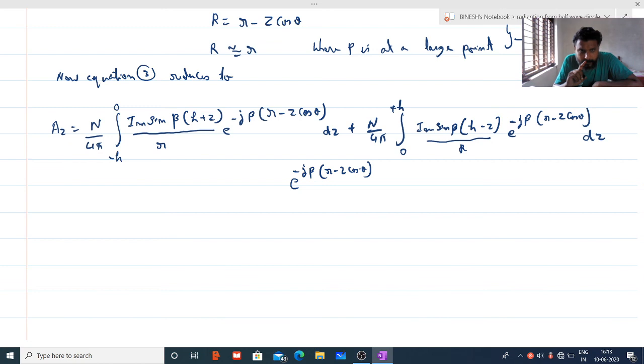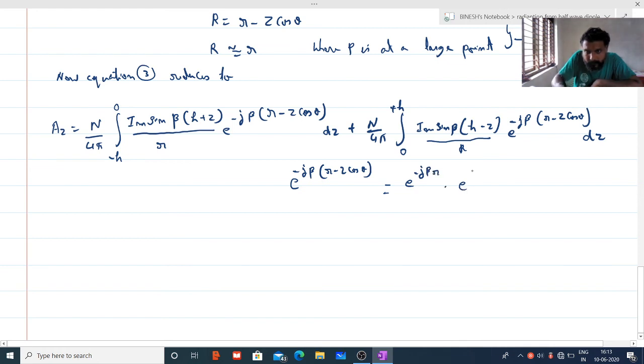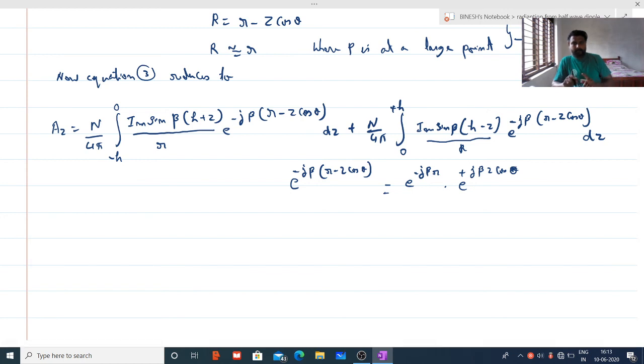I can write e raised to minus j beta (r minus z cos theta) as e raised to minus j beta r into e raised to plus j beta z cos theta. The term with respect to z I will keep inside the integral part. The common part, e raised to minus j beta r, I will take outside.